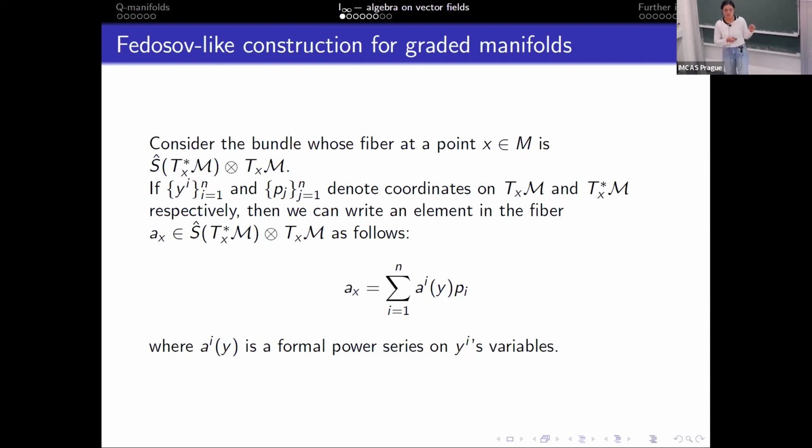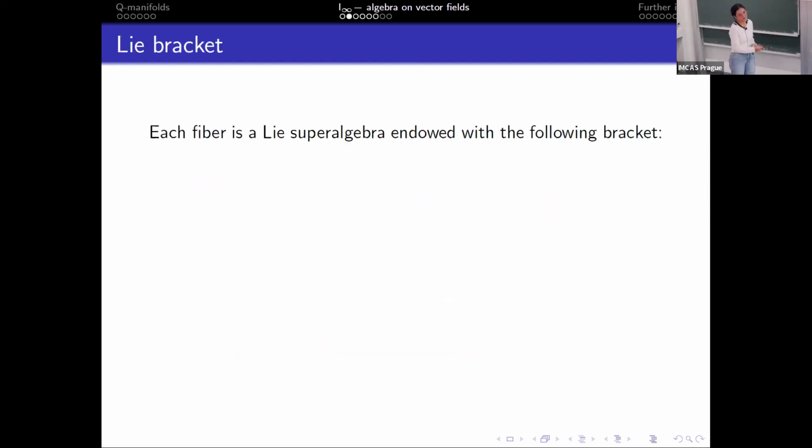The idea now is to prove that the space of sections of this bundle is a Lie superalgebra, and the space of vector fields on the Q manifold will correspond to an abelian subalgebra here. So I will explain why this is useful. I'm going to talk about the construction of derived brackets later.